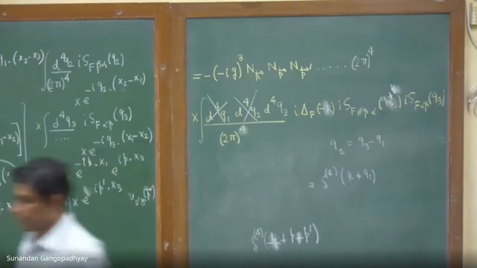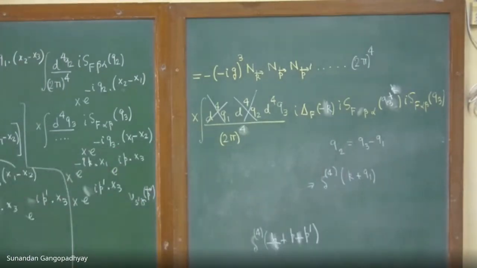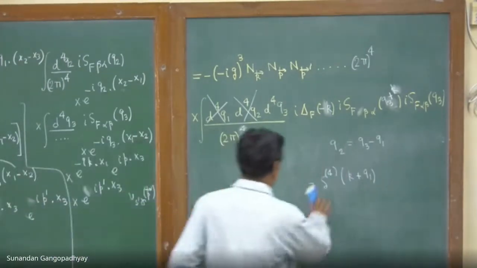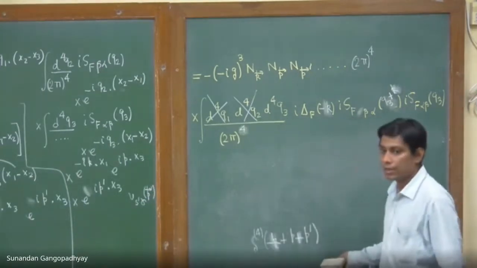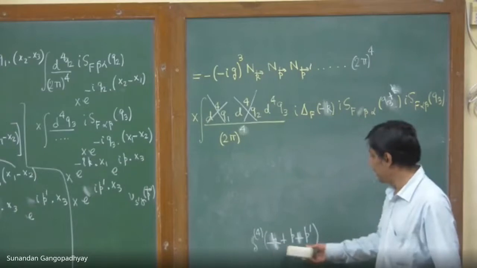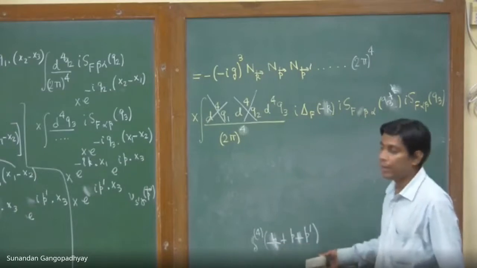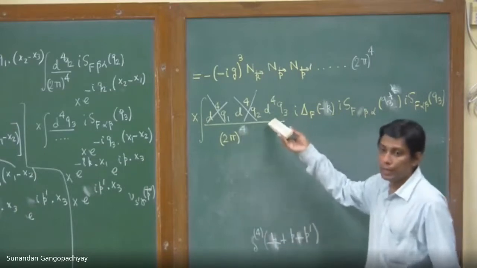Only one Dirac delta function is left. You cannot perform this Dirac delta function integration because K, P, and P prime are all external momenta. This is a loop momentum.